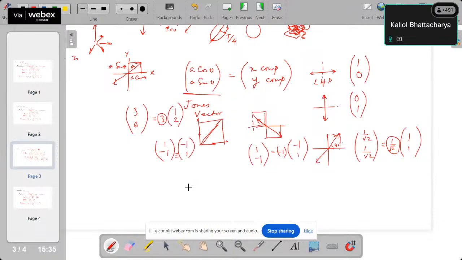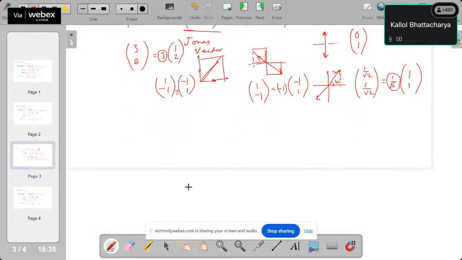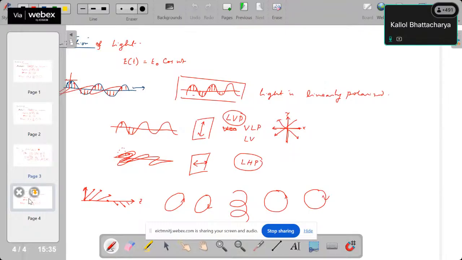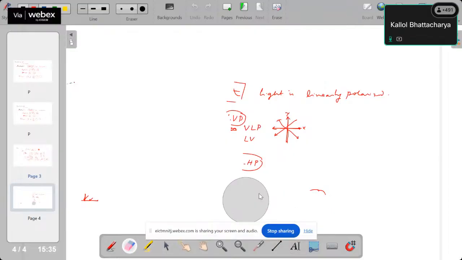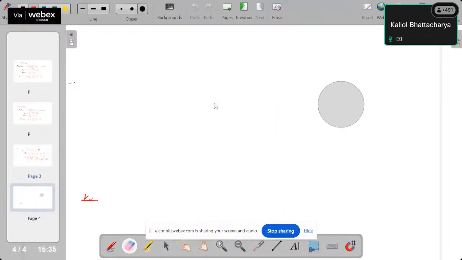Right. So thus far we have discussed linearly polarized light. Okay, what about circularly polarized light or elliptically polarized light? Now, elliptically polarized light is formed if there is a difference between the x component and the y component in terms of phase.